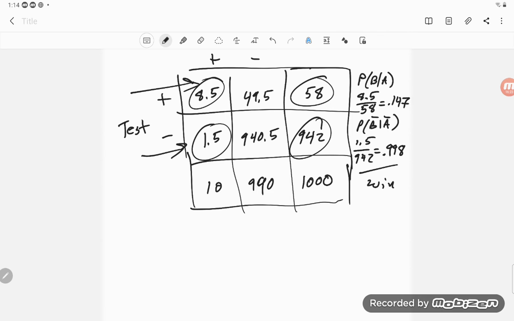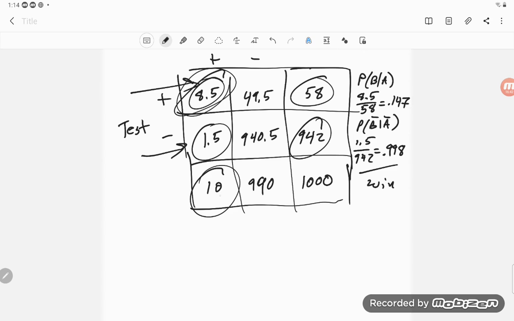And so these things are a bit counterintuitive. What this is showing is that even though my test, 85% of the time, if you have it, the test shows you have it, that sounds great.